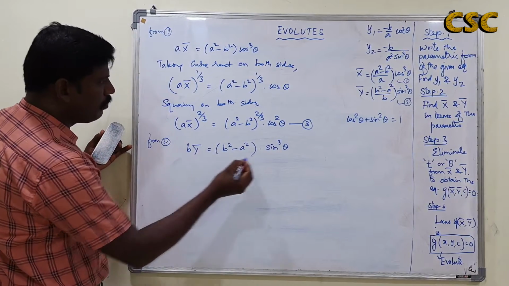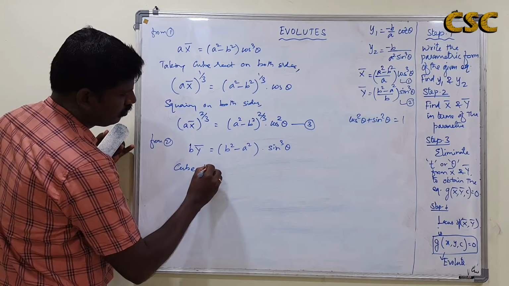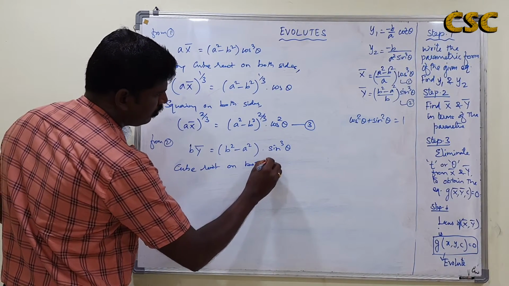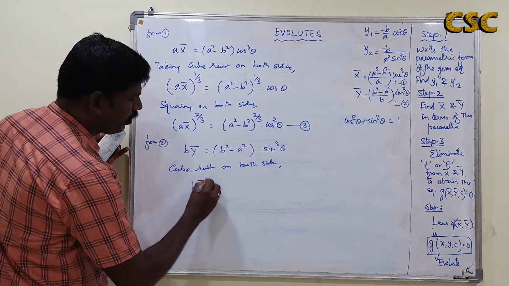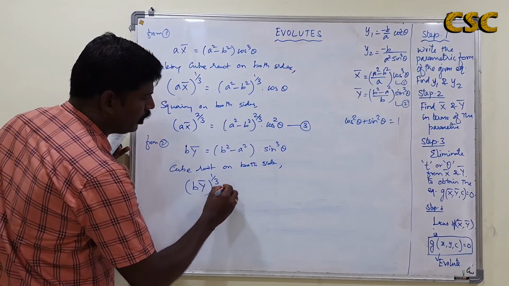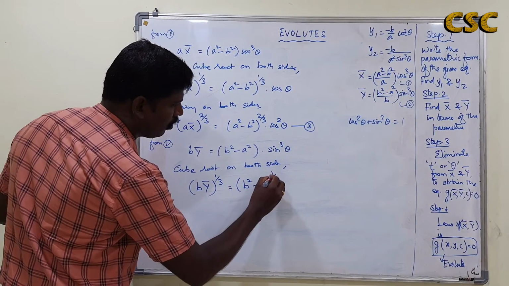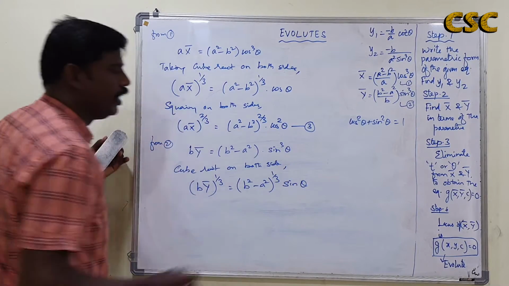So same like that, taking cube root on both sides, b into y bar to the power 1 by 3 is equal to (b square minus a square) to the power 1 by 3 into sine theta. This cube will be eliminated.